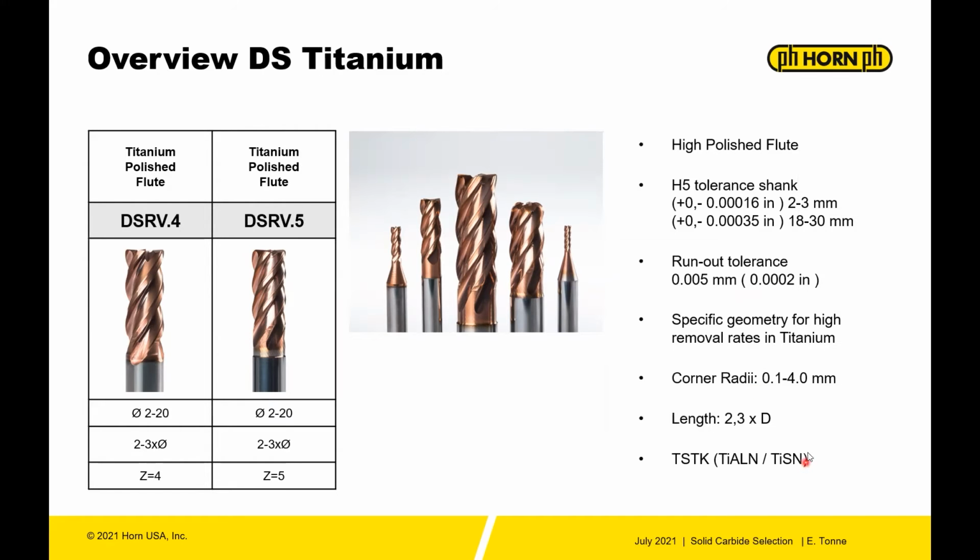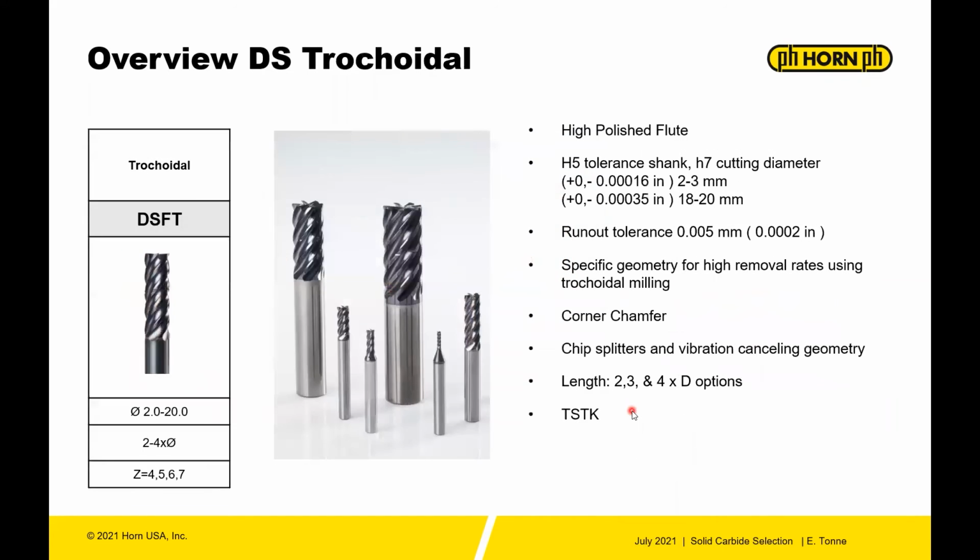You can get these in different lengths as well, 2 and 3 times D, and titanium aluminum nitride and titanium silicon nitride coating on these for very good tool life and wear resistance in titanium.